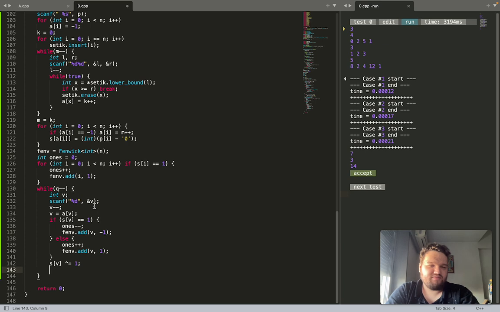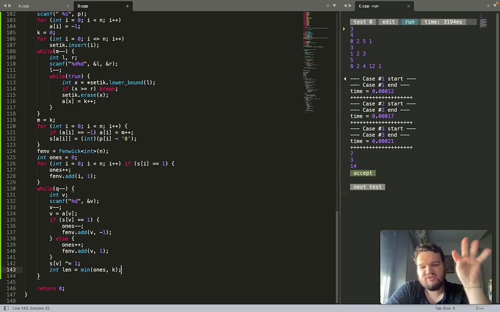Maybe it would be better if I store zeros in Fenwick. Let's do that. Not important. Okay, let's stick with ones. So the length of the segment that I should care about is normally the number of ones, but if the number of ones is more than k, then just k.